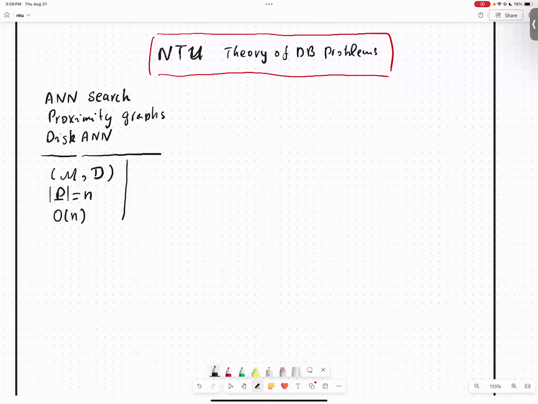So this is the thing that is standing between us and the analysis of DiskANN. In general, any analysis of any ANN search method. Okay, now you can feel we need a way to quantify intuitively how difficult or how easy a metric space really is.